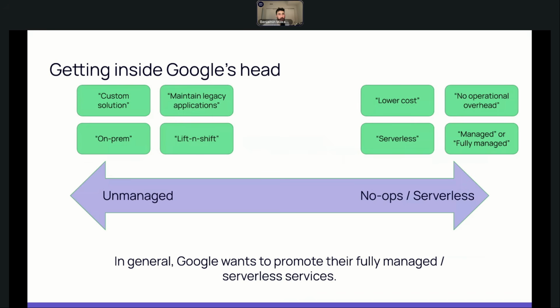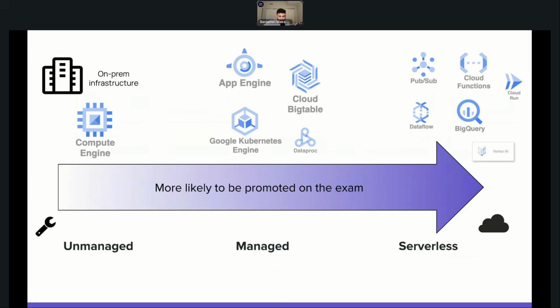And Google basically, their whole point in having GCP is to push you toward these managed services, and they tout and trumpet the benefits of moving toward managed services. So that is one thing that will significantly help you if you keep that in mind.